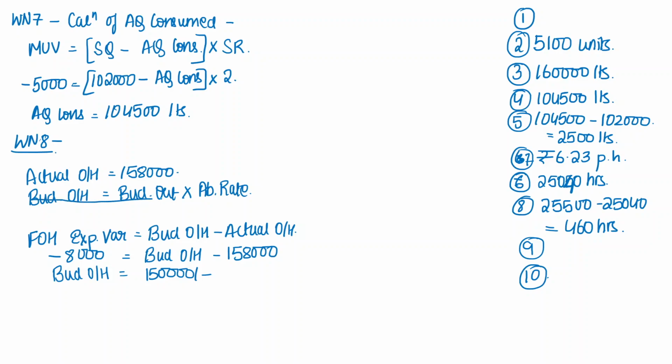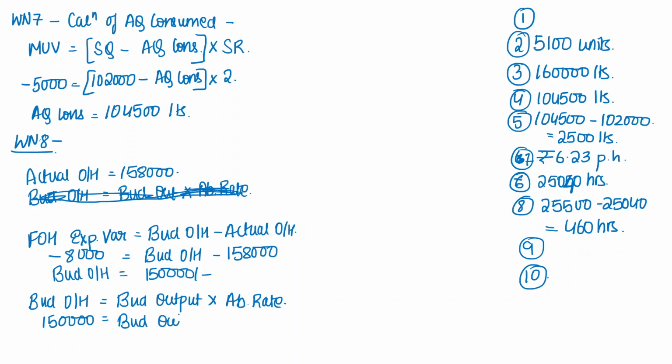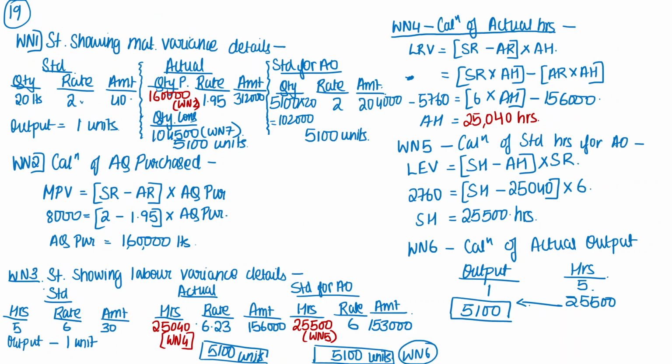So coming to this formula, writing it again. Budgeted overheads is equal to budgeted output into absorption rate. So 1,50,000 is equal to budgeted output into what is the absorption rate? See, they have written fixed overhead is absorbed at 100% of direct wage cost, and the wage cost is rupees 30 per unit. Yes or no?